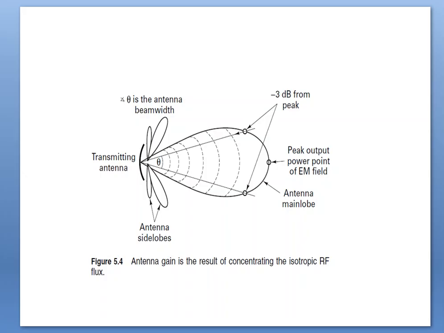If you compress the power in one lobe, the power is automatically delivered to the remaining lobes of the antenna. Here we observe a peak, the minus 3 dB peak, and the peak output power, showing the antenna side lobes, the transmitting antenna, and the antenna main lobe.